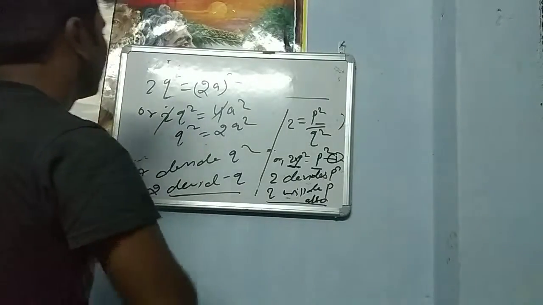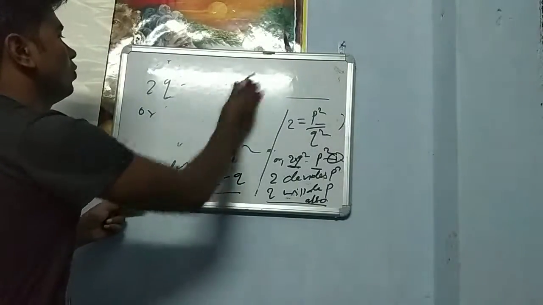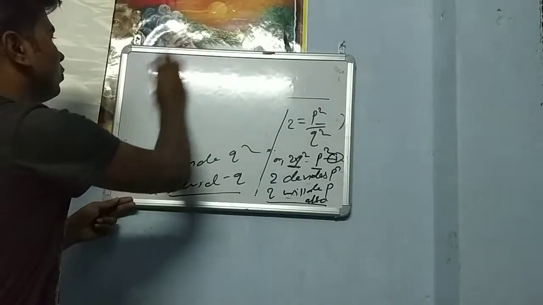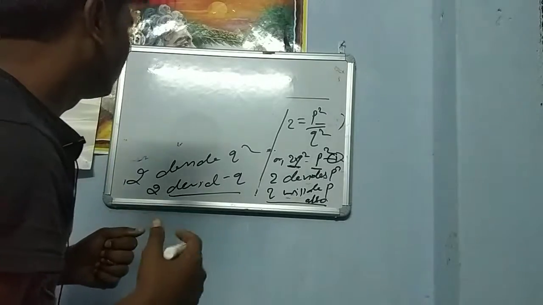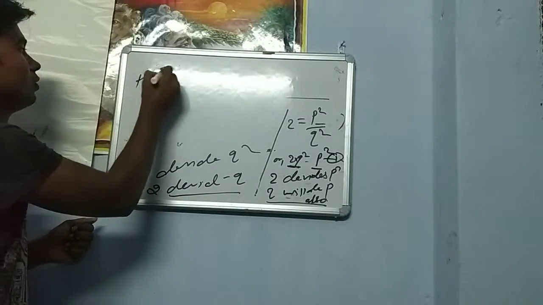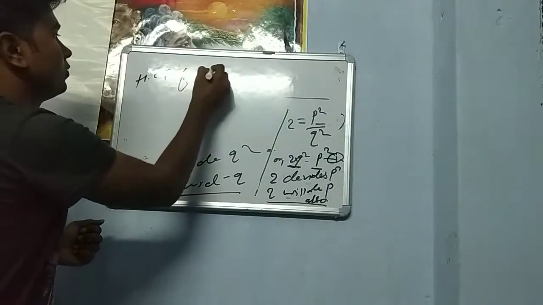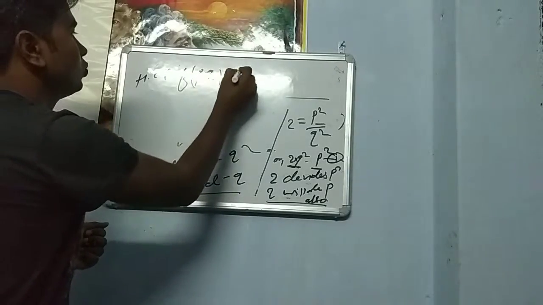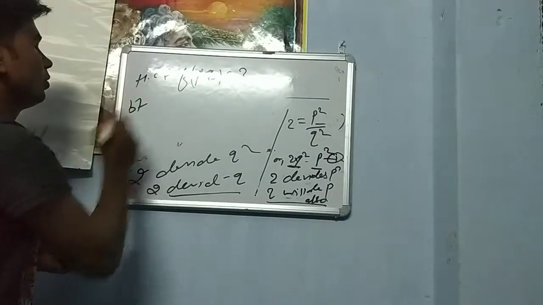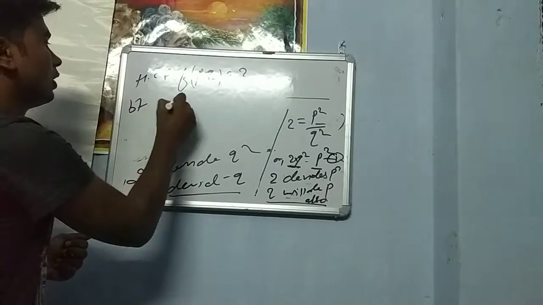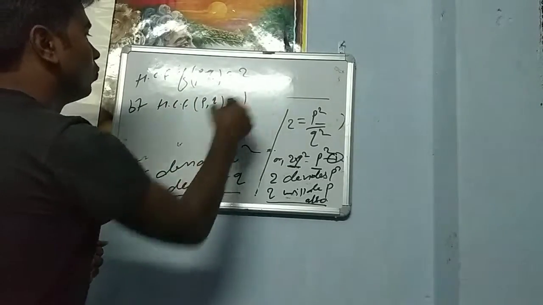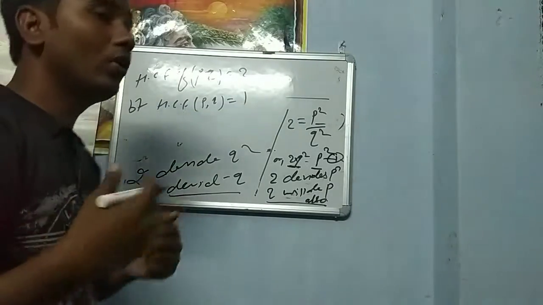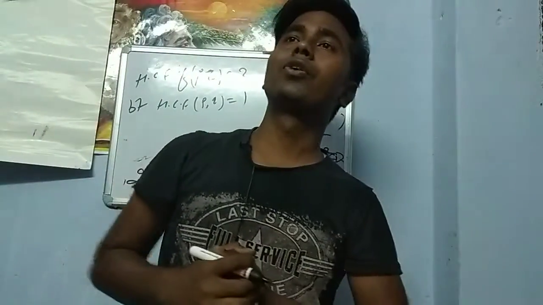So what we have assumed earlier, that HCF of p and q is 1, but here HCF of p and q is 2. So a contradiction occurred here.